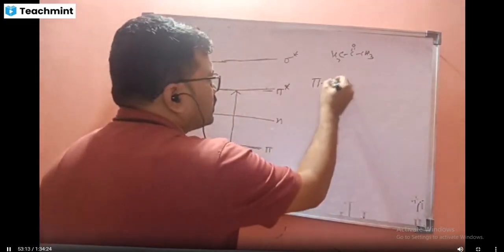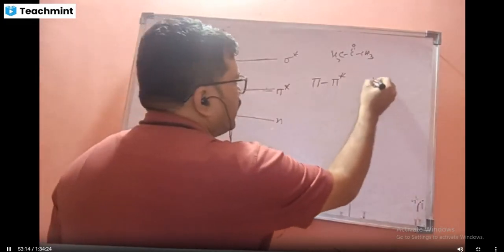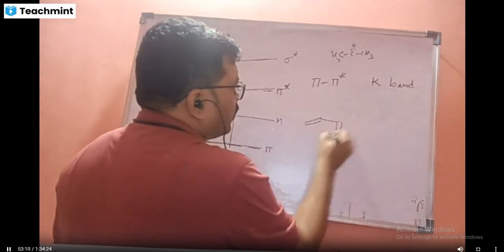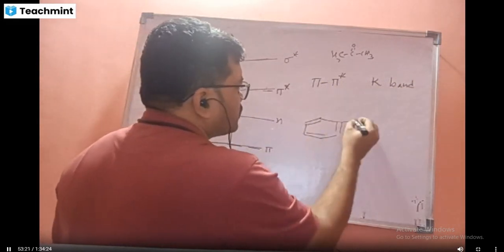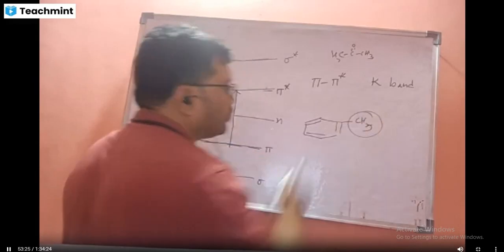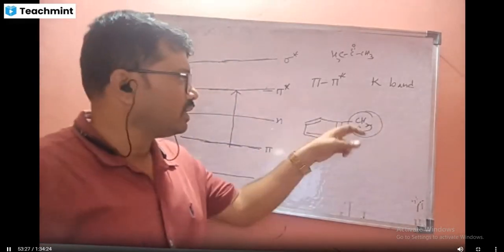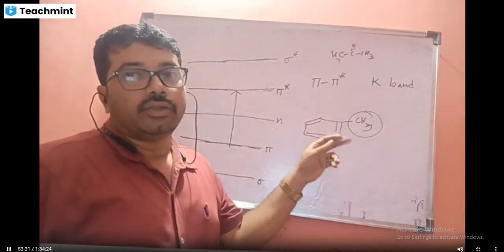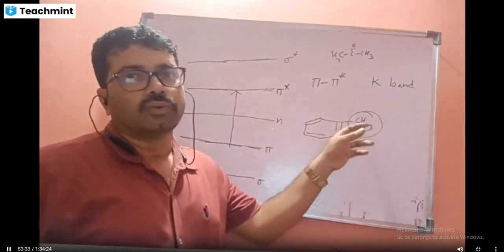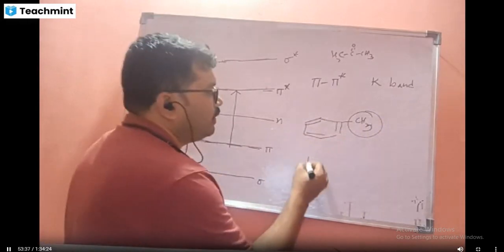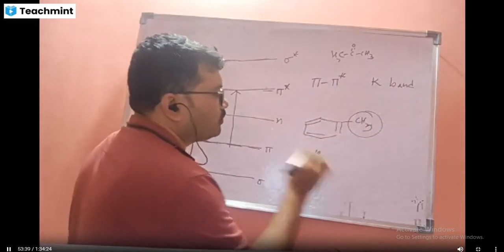Pi to pi star transition is also called K band. It also appears in aromatic compounds substituted by a chromophore. Any donating group means chromophore. If any group enhances the intensity of UV absorption, then it is called a chromophore. The intensity of the K band is usually more than 10 to the power of 4.